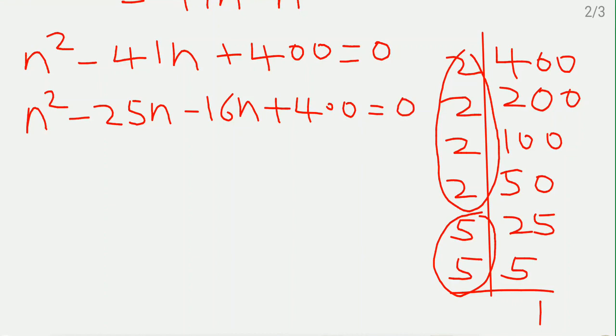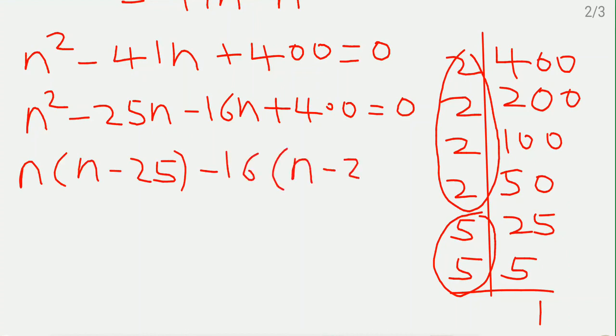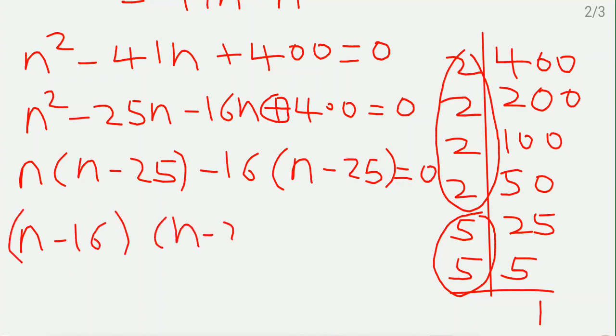So we'll take n common: n minus 25 minus 16, and then here in the bracket n minus 25. Remember, the negative sign is outside. That's the reason this sign is changing. Okay. So which is equal to 0. So I'll write down n minus 16 in one bracket and n minus 25 in the other bracket, which is equal to 0.